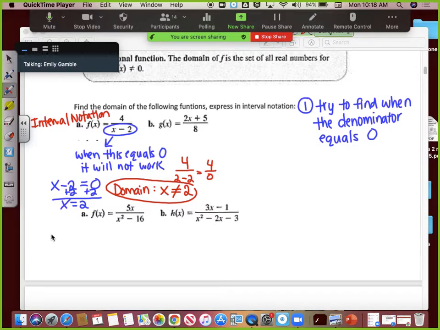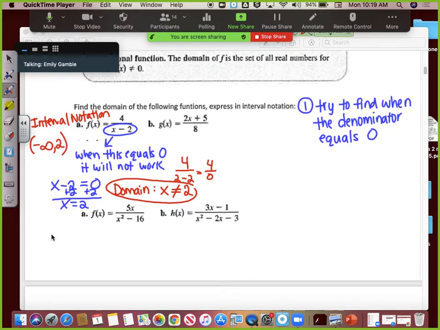So if you're thinking about every number that exists, you can't obviously list all of those numbers. So interval notation shows you all of the numbers using this format. And the format is a parenthesis and then a negative infinity sign, comma, to the number where it doesn't work, and it doesn't work at 2 here.